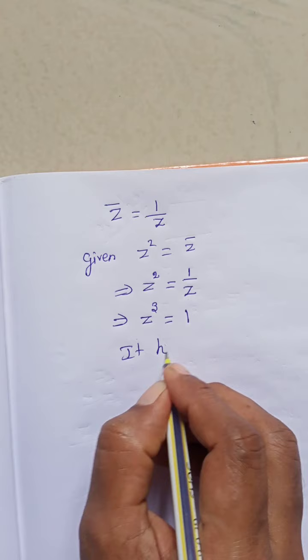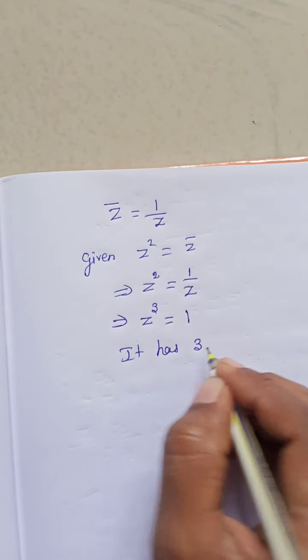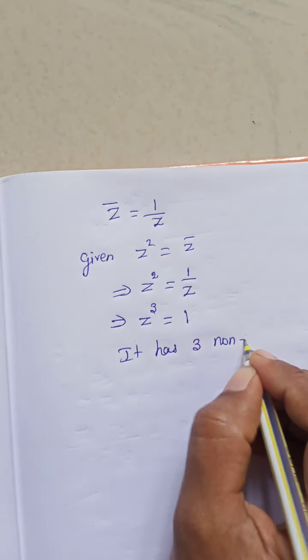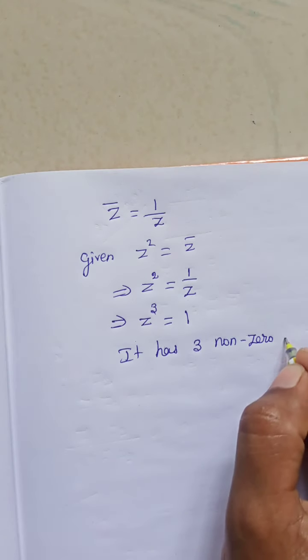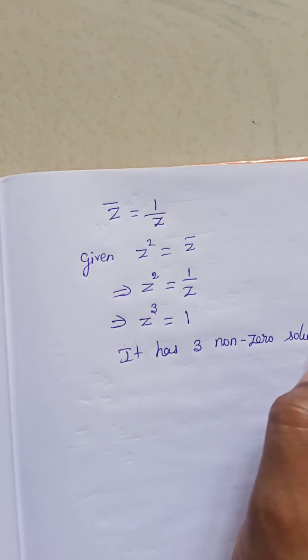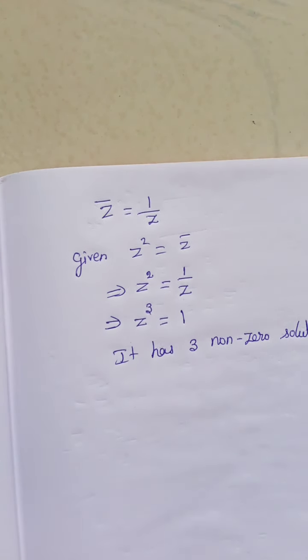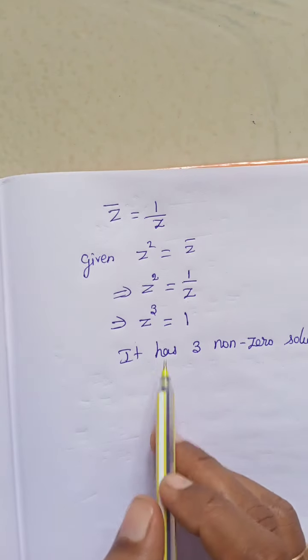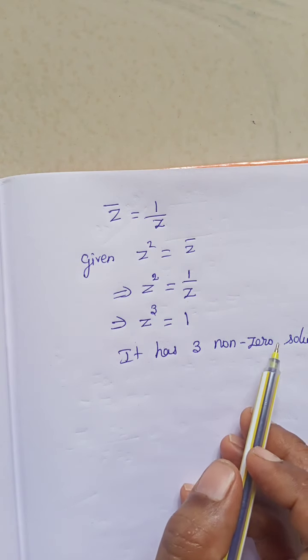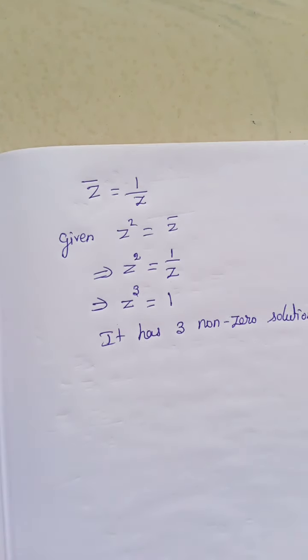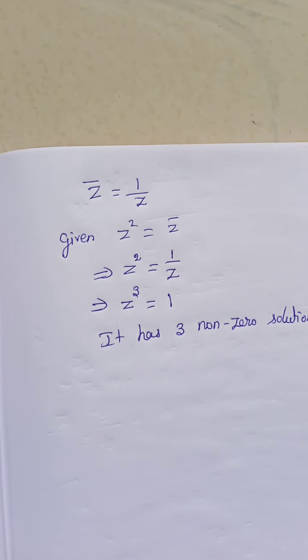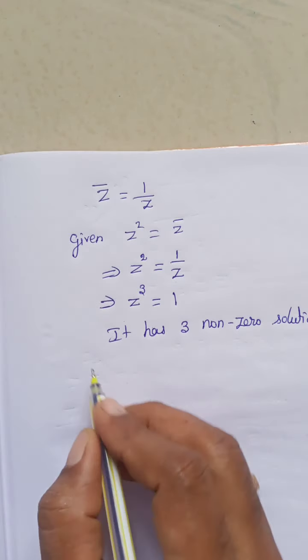So it has 3 non-zero solutions. When Z cube equal to 1, it's understood, the power 3 is there, so we get 3 non-zero solutions. So already we have written Z equal to 0 is a solution, we got it, isn't it?